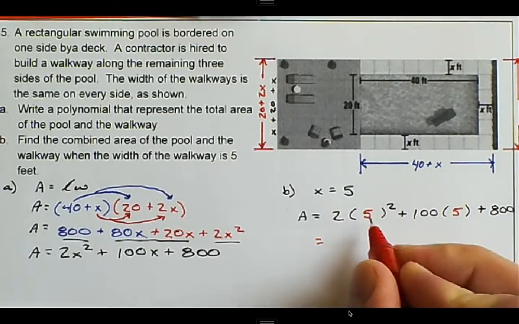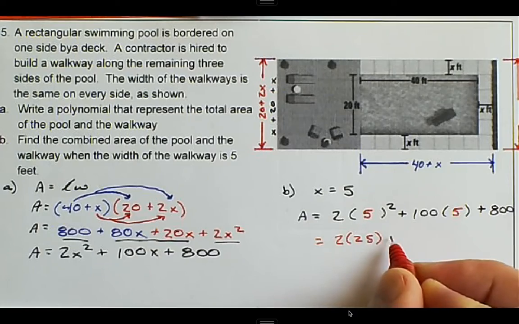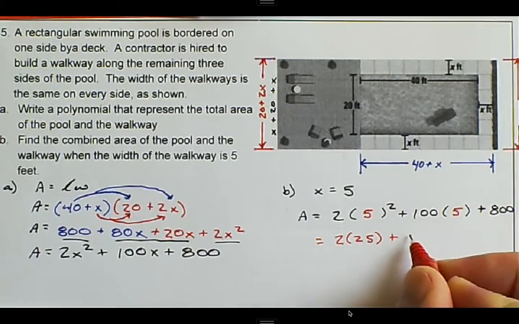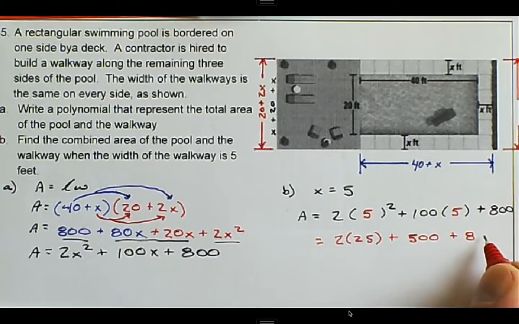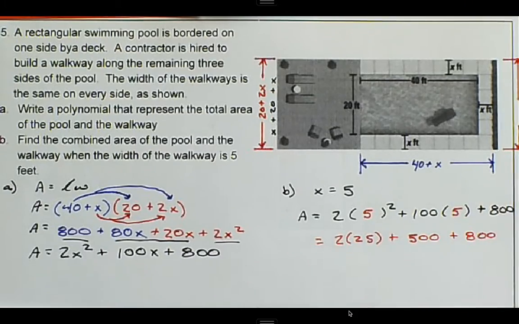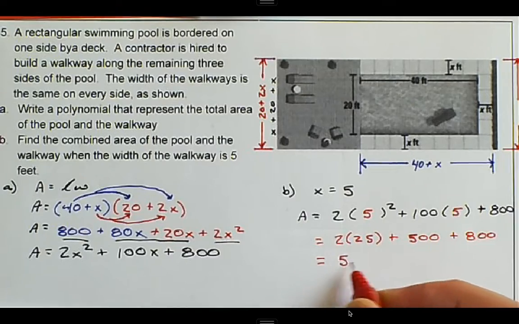And we get 5 squared is 25. 100 times 5 is 500. And 2 times 25 is 50.